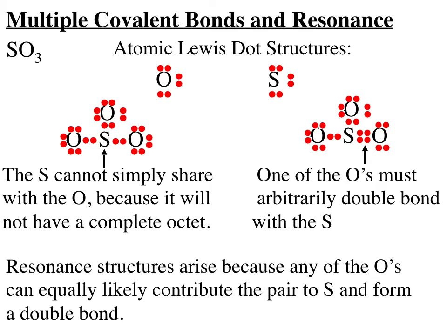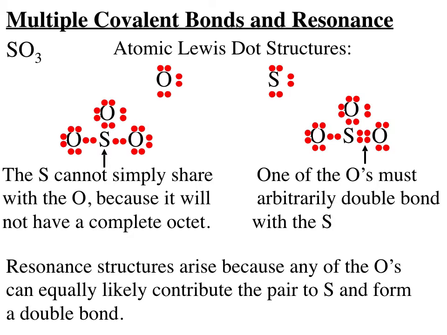So it turns out that the length of those bonds is not quite as short as a true SO double bond, and the length of those bonds is not as long as an SO single bond tends to be. It's somewhere between.